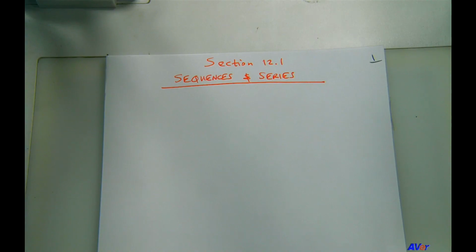It could be adding 5 numbers in the sequence, or 500, or 100,000, or all of the numbers, even in an indefinite sequence. But of course, there are certain conditions that have to be met before we can take the series of a sequence that is infinite.